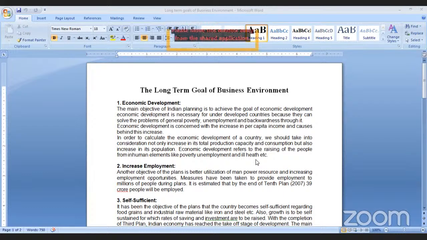Fine. So this is always required. When you are building an organization, you have to make some contribution towards economic development. So the long-term goal of any business environment, of any industry, is to contribute towards economic development. The main objective of Indian planning is to achieve the goal of economic development.